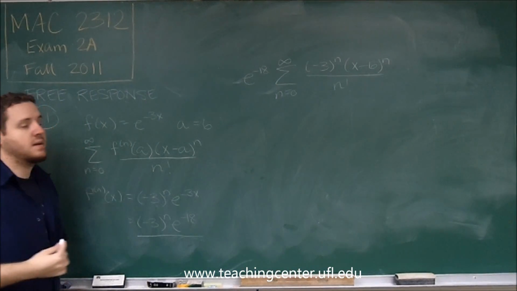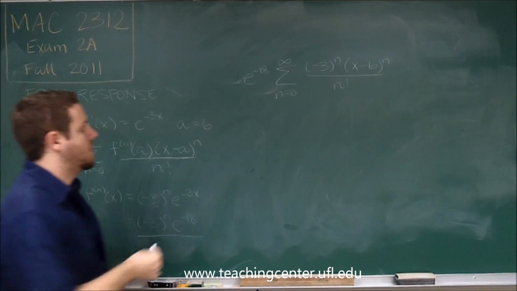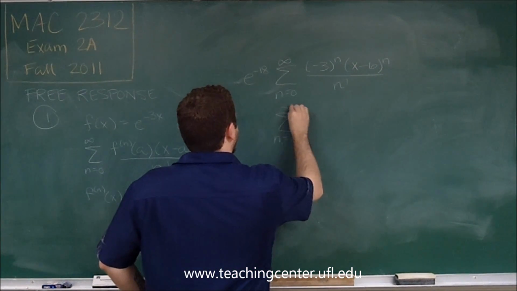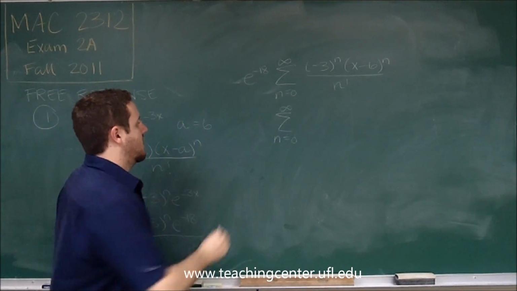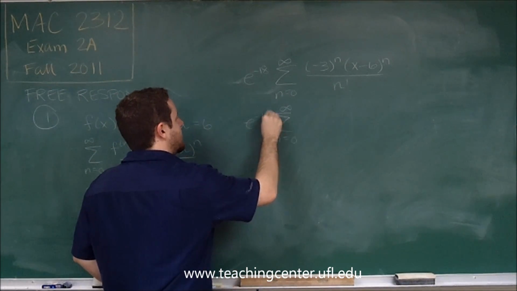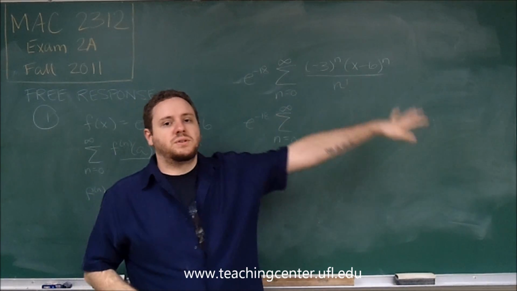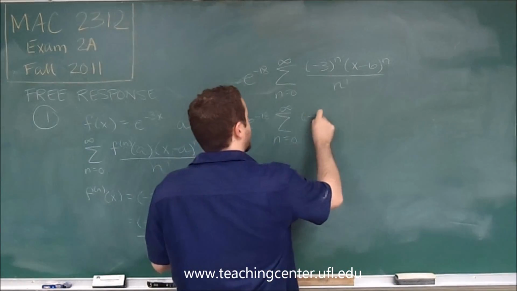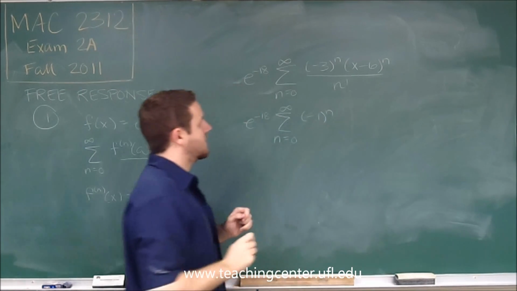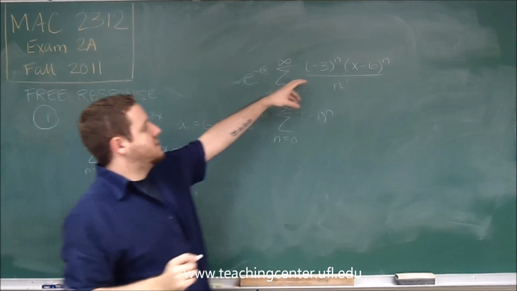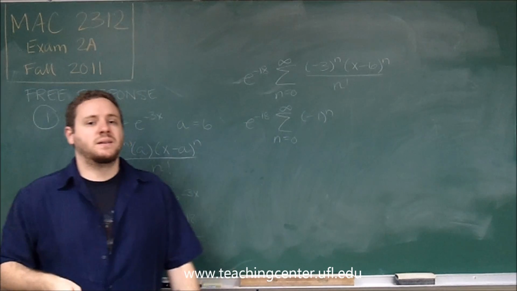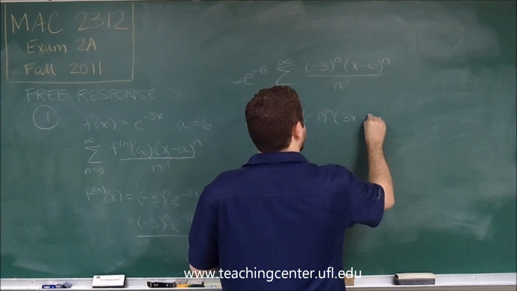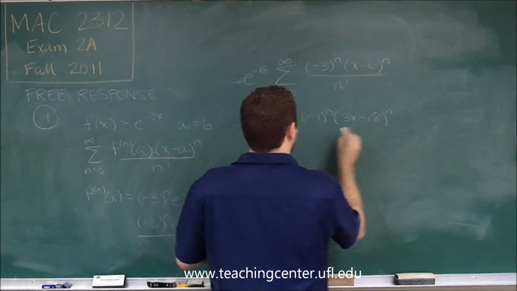So that is correct. Chances are your teacher would probably want this written slightly differently. It's customary when writing series that if you have some sort of alternation, you separate the alternating part out. So we would have negative 1 to the n. And since we have 3 to the n and x minus 6 to the n, we could combine those by distributing that 3 and get 3x minus 18 to the n.